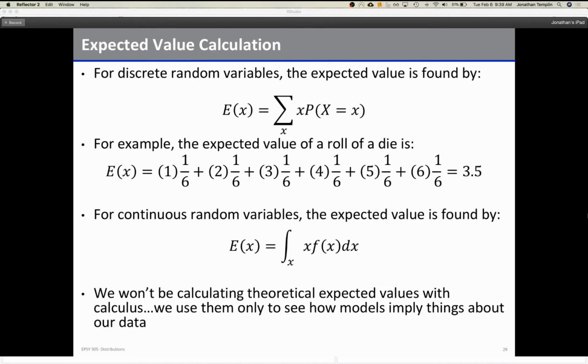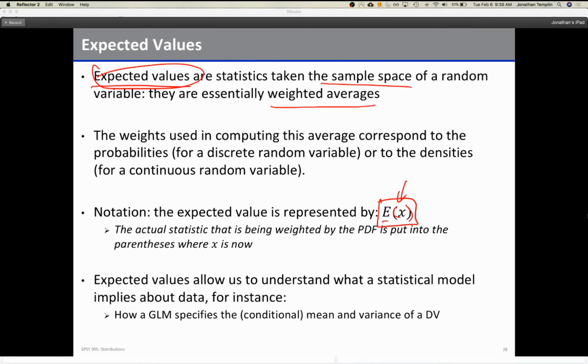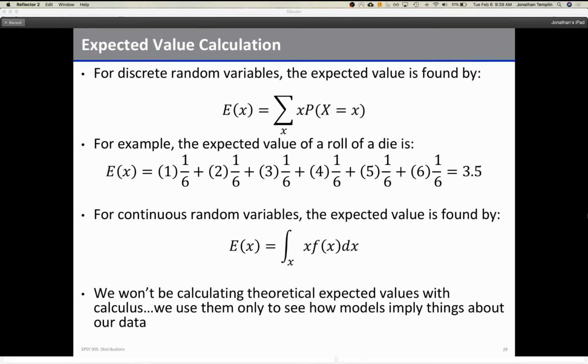So why do we use this? We use this because we want to understand what the general linear model is telling us about our data. For instance, what is the expected mean roll on a six-sided die? Well, we have to figure out each of the outcomes: a 1, a 2, a 3, a 4, a 5, and a 6. That's the number you can get when rolling the die.